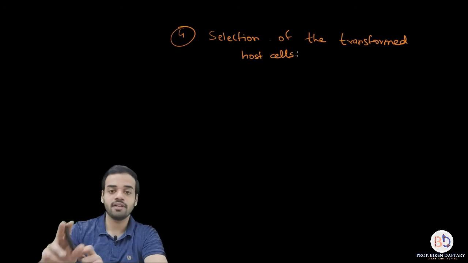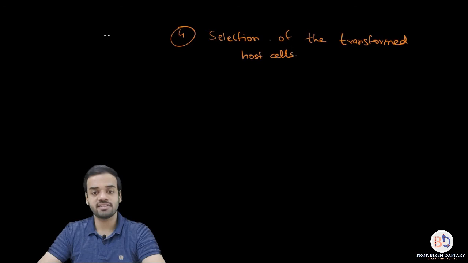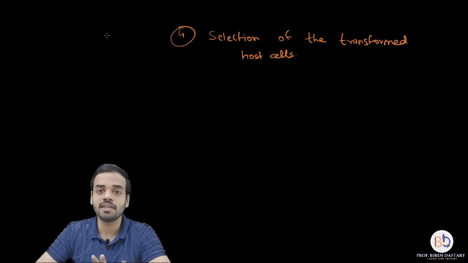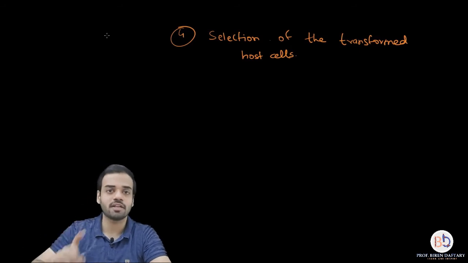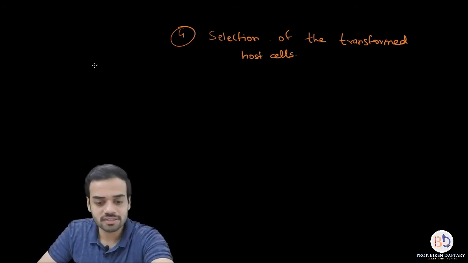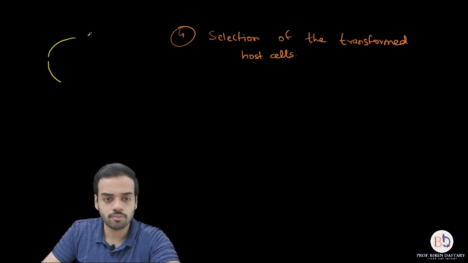Now I will just show you an example. Just imagine that for these steps we are using plasmid PBR322 as the cloning vector. So that PBR322 we have cut. Now the structure of PBR322, I am just going to draw the general structure, not everything.